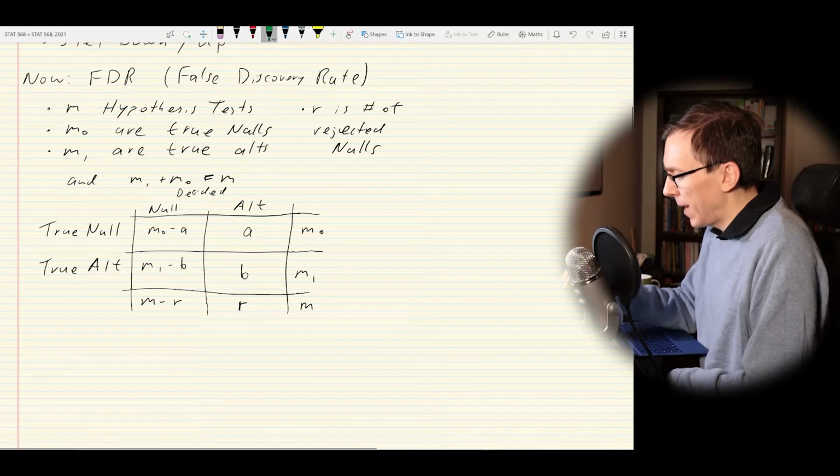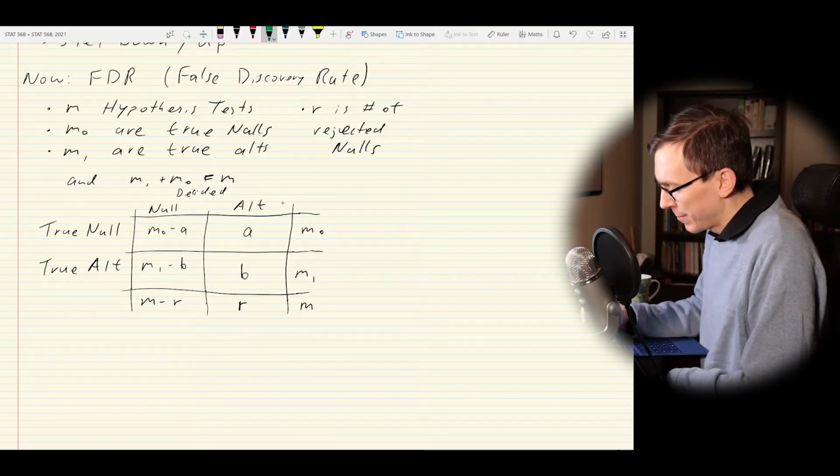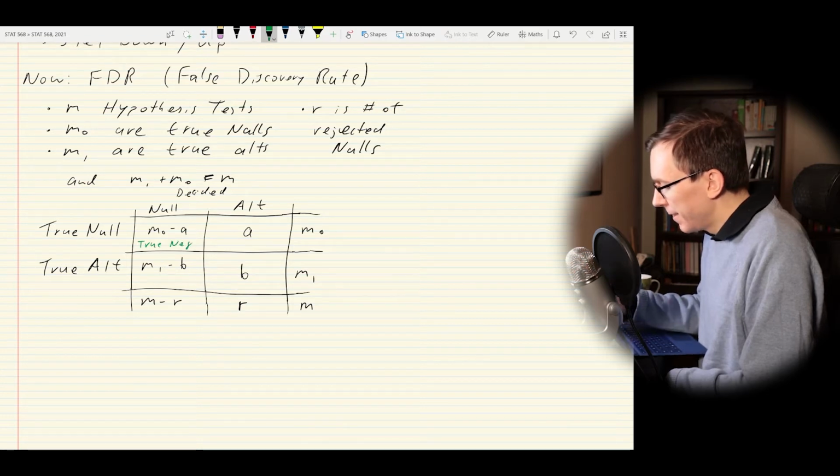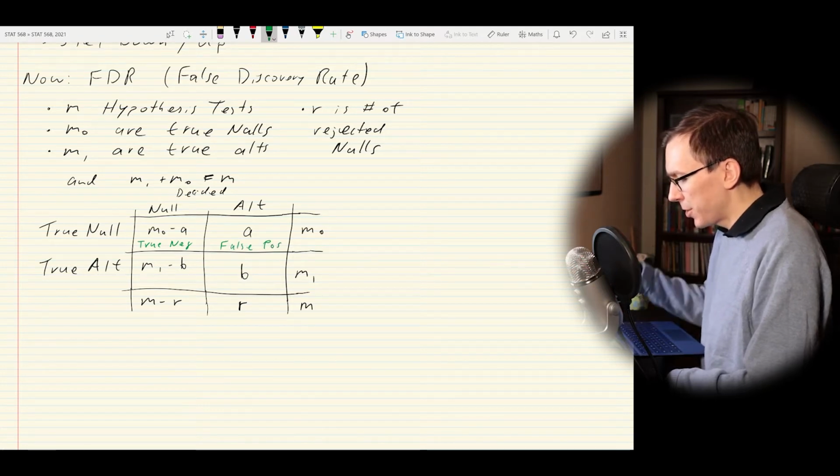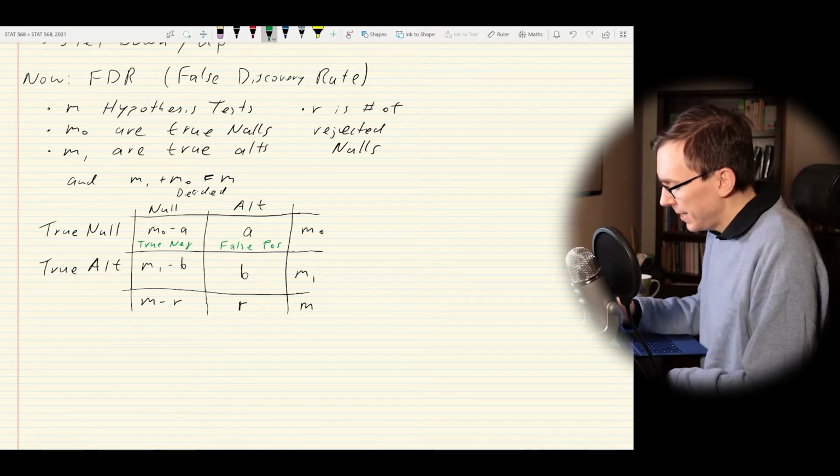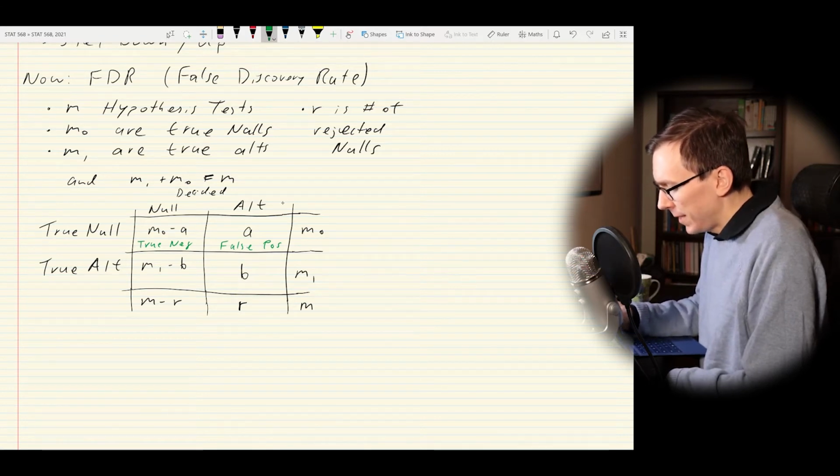So what this table is telling us is that this is a true negative. This next one would be a false positive, right? A false positive. It's something that we reject where we weren't supposed to reject. The opposite corner is going to be a false negative.